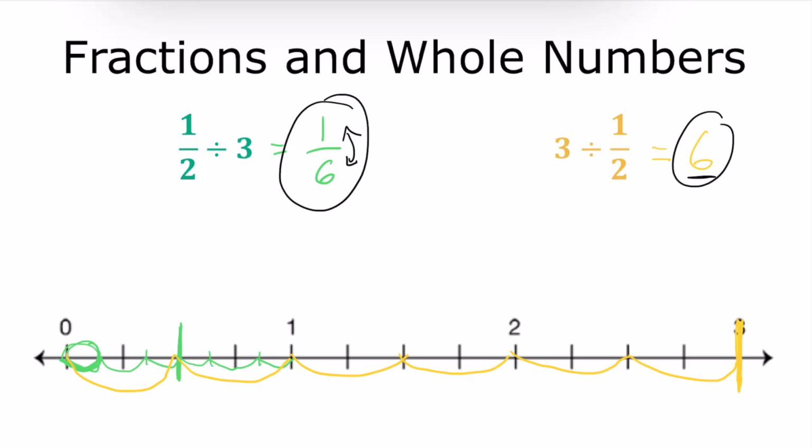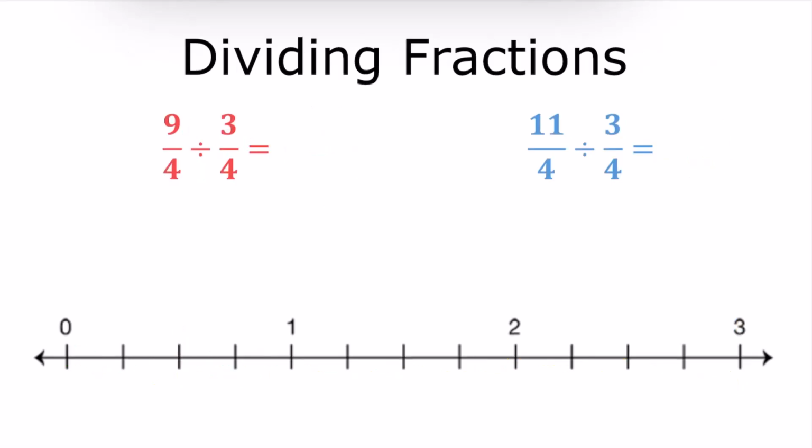So most of the time, you're not going to be dividing by whole numbers. And so let's talk about how you would divide a fraction by a fraction. So if I had 9/4 divided by 3/4, well, 9/4 is going to be this mark right here. And because I'm dividing by a fraction, I'm going to use the measurement division model.